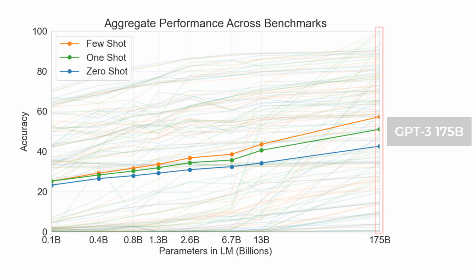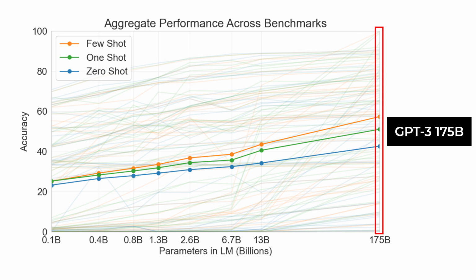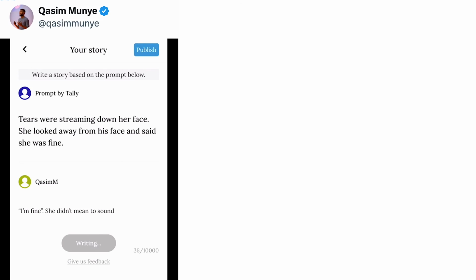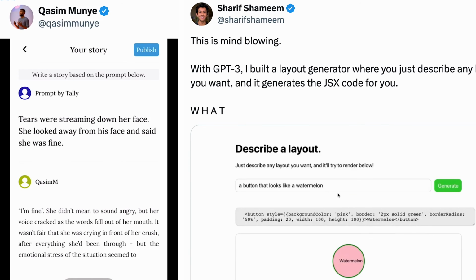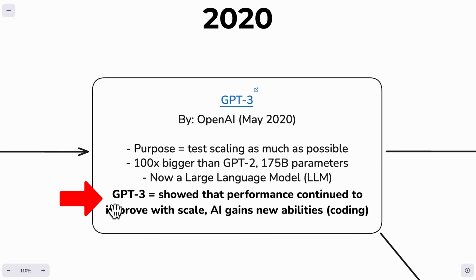And again, GPT-3 had a big jump in performance over GPT-2, and it gained much more emergent abilities. It could start writing short stories and poems, and even write code. So basically, GPT-3 showed that performance continued to improve with scale, and the AI gains even more emergent abilities.